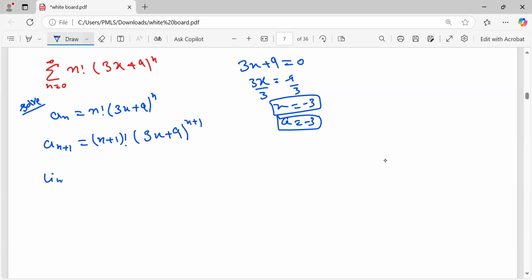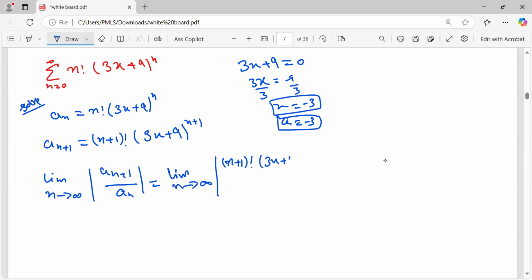By the ratio test, limit n approaches infinity, a n plus 1 over a n will be written as limit n approaches infinity. And see what a n plus 1 is: a n plus 1 is actually (n plus 1) factorial times (3x plus 9) raised to the power n plus 1, divided by n factorial times (3x plus 9) raised to the power n.